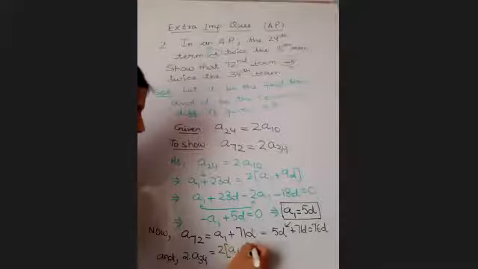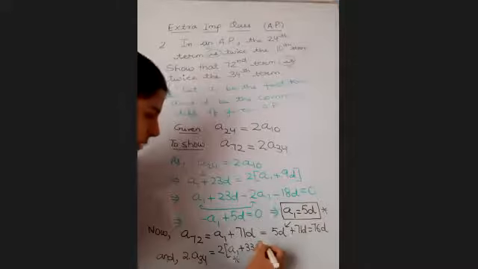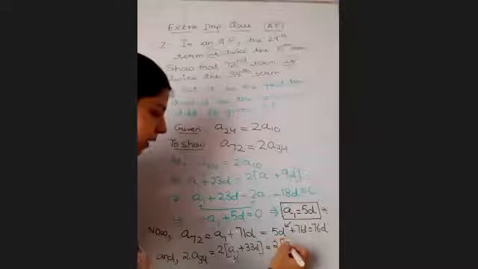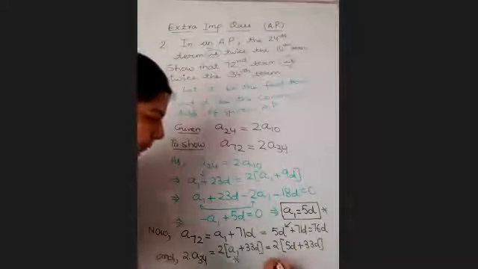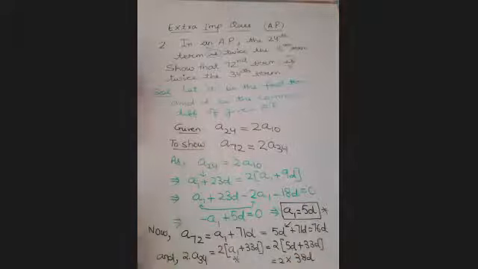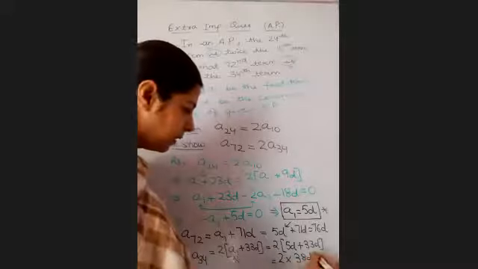Twice of A34 is equal to 2 times A1 plus 33D. Again, I am replacing A1 by this 5D. So this will be 2 and inside the bracket 5D plus 33D. Now 5 plus 33 is 38D, and 2 into 38 is 76D.